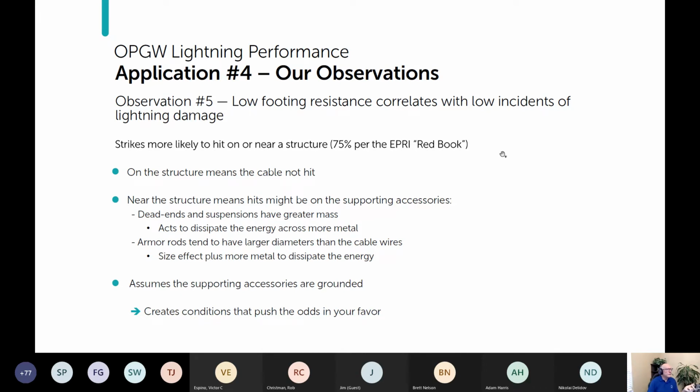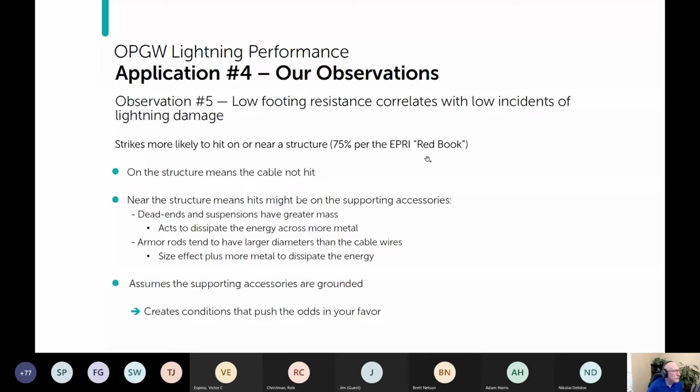With good footing resistance, you get 75% hitting at or near the structure. Let's assume no damage from those. Now I've got 25 strikes that hit the cable, 10% do damage. I've cut my incidence of OPGW cable damage in half, to 2.5. So you're pushing the odds in your favor if you pay attention to this.